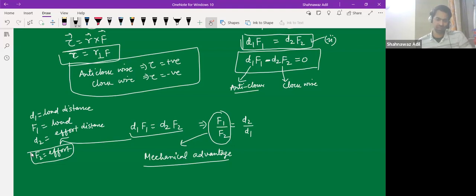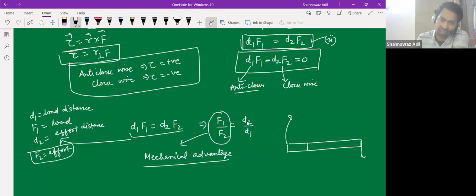Are you guys understanding? We have this seesaw in the park, and we want to apply the minimum effort so that this child can go higher. Are you understanding? So then what do we do? We increase this D2 distance.